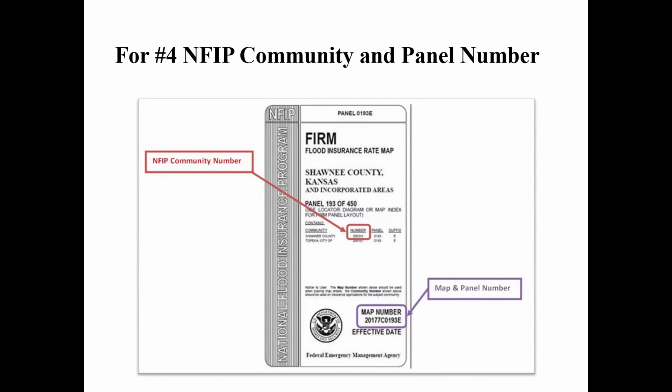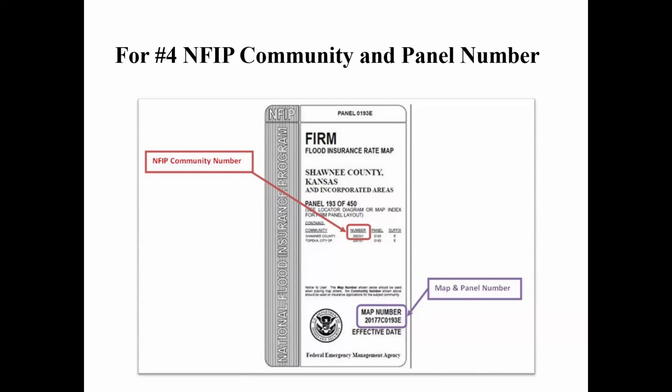Our updated maps look a little bit different, but there are some communities that still have these older paper maps or just older FIRMs that are not quite in the same format anymore. As I mentioned, you can find the community number here. And I mentioned the community status book. You can always just look it up very quickly, but they are on all of your FIRM panels, what your community numbers are, and it's a 6-digit number that starts with 200.